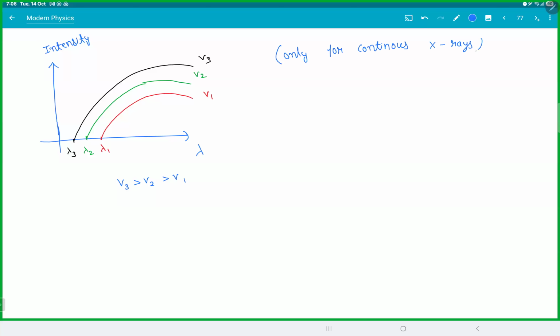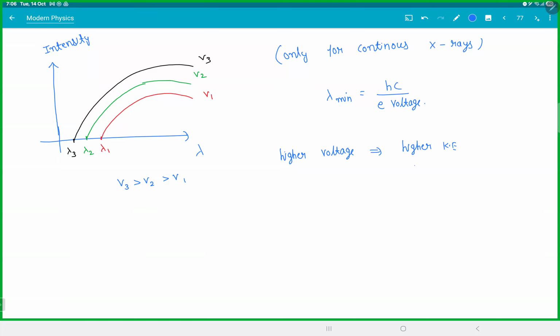So the thing is, lambda minimum is hc by E into voltage. So if you apply higher voltage, this implies higher kinetic energy of electrons.